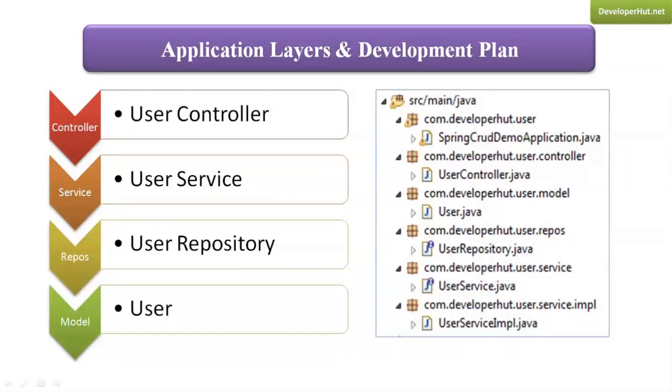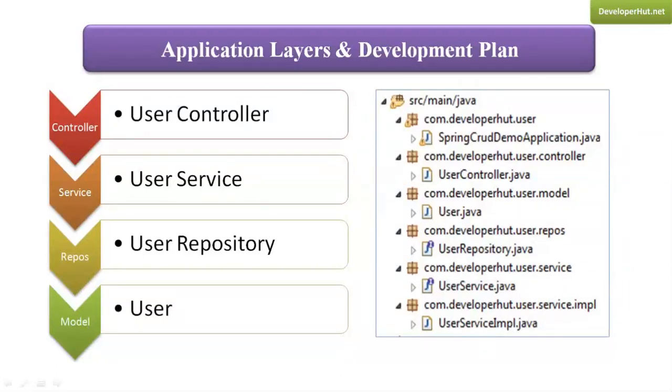The service layer also acts as a mediator between the controller and the repository layer, because the controller cannot directly talk to the repository. So we have a separate service layer which does all these operations.